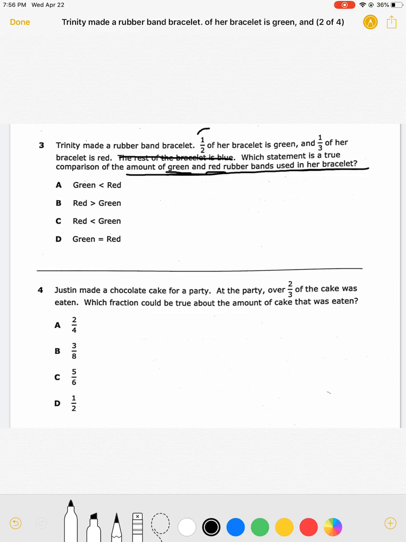Let's look at our fractions. 1/2 is green. And this 1/3 is red. Over here in our answer choices, we see this with the colors. So remember which fraction goes with which color. Green is 1/2.